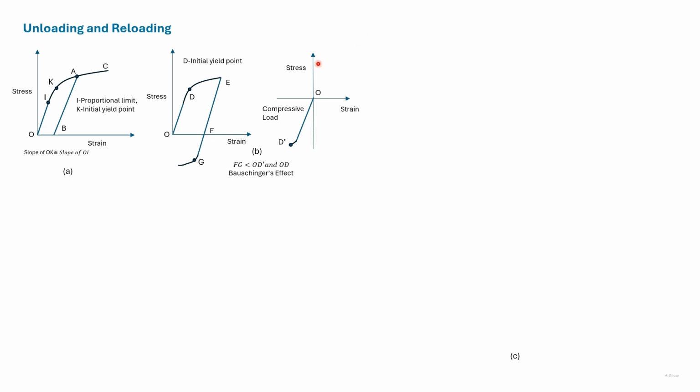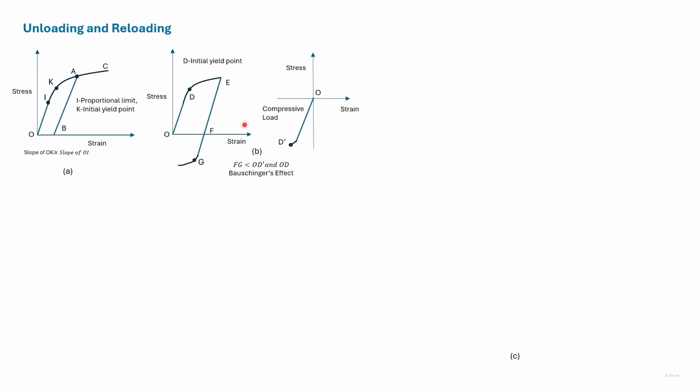Now, a component without any previous loading under tensile load yielded at D. And if the same component is subjected to compressive load without any previous loading, then it will yield at D dash. The yield stress in tension is equal to the yield stress in compression.